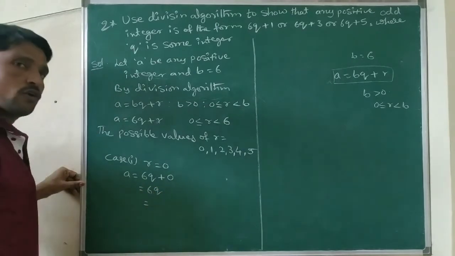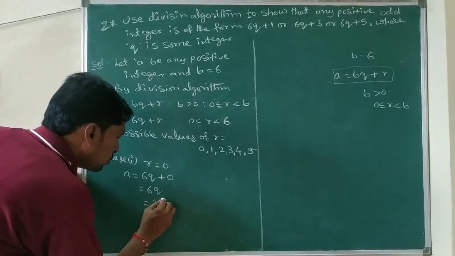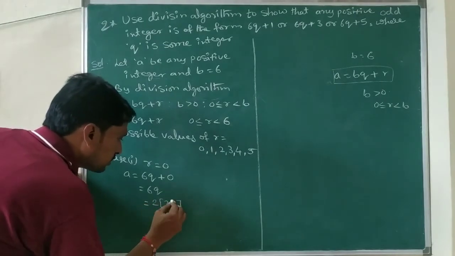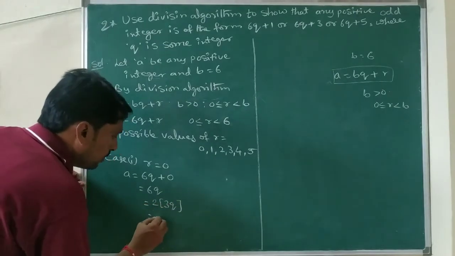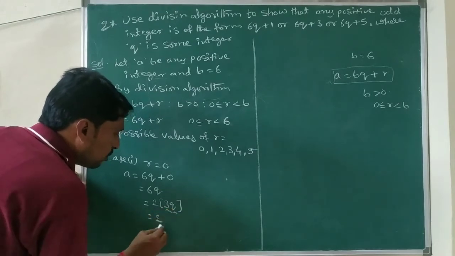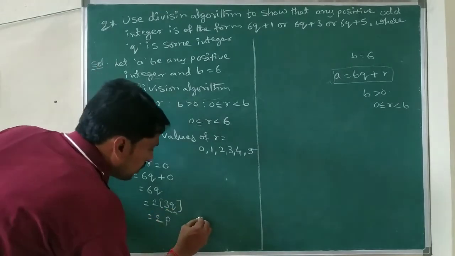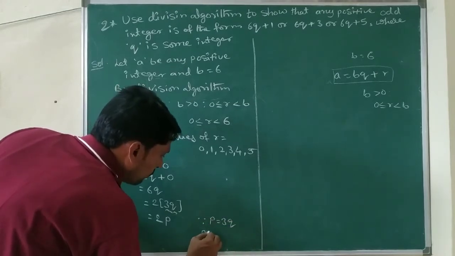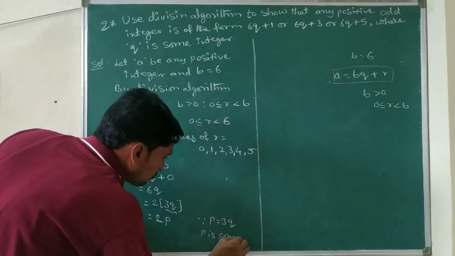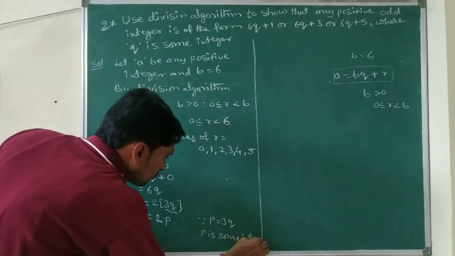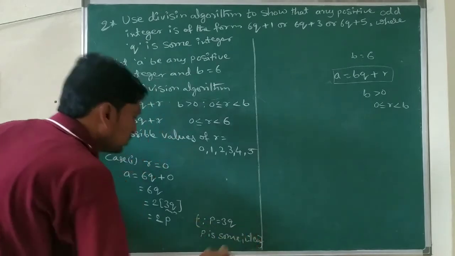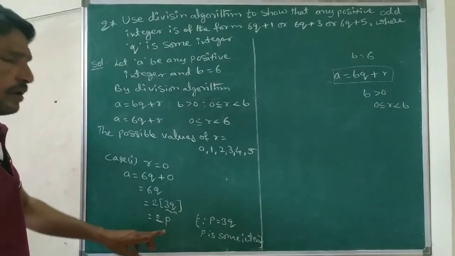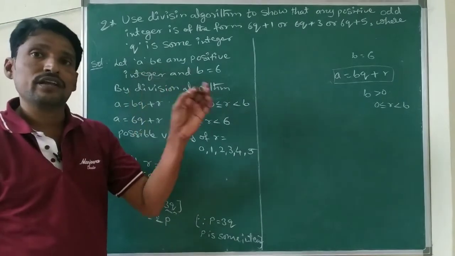So 6q, how do we write it? 2 into 3q we can write. So 2 into this value, I am taking it as p. Here p equals 3q and p is some integer. So 2p is the general form of even integers.